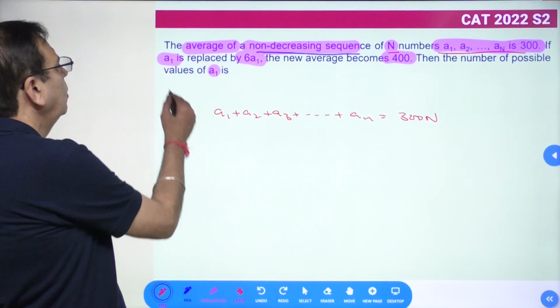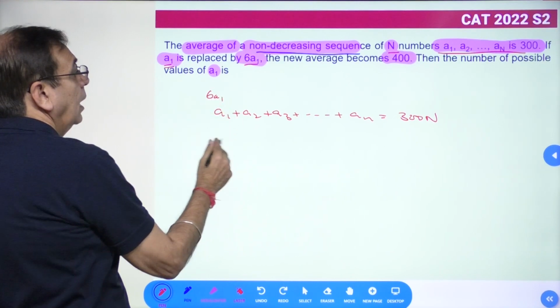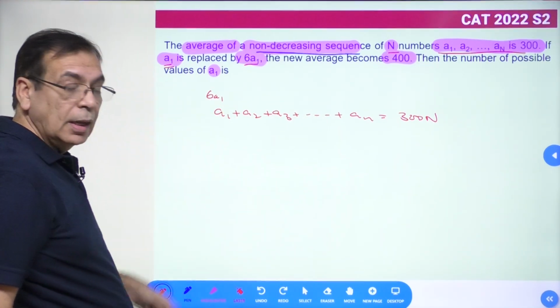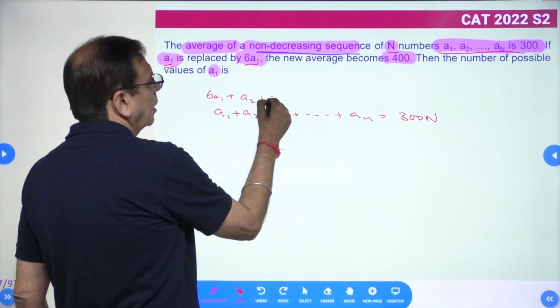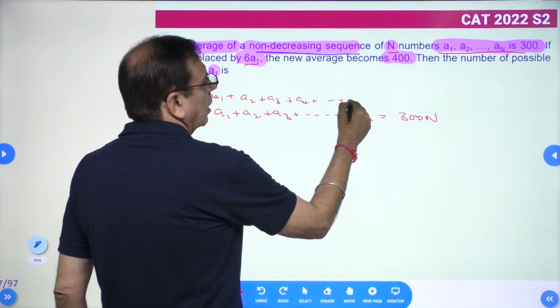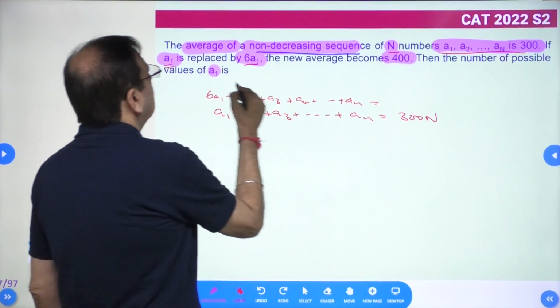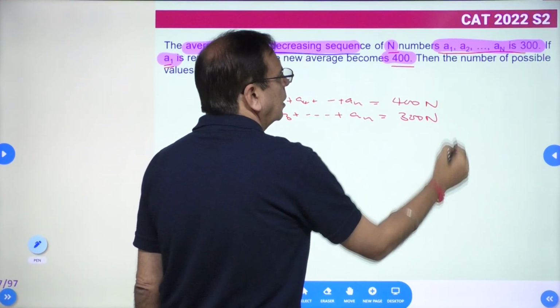What does it say? Now, if A1 is replaced by 6A1, we make A1 into 6A1. Other terms remain the same. If other terms remain the same, that means what will the sum be? The average becomes 400, so the sum will become 400 into n. Okay.